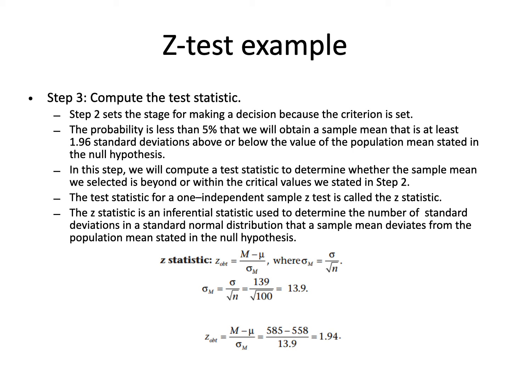Then we obtain the z value once we plug in these values, the population mean 558 and the sample mean 585, and we get the z obtained to be 1.94.